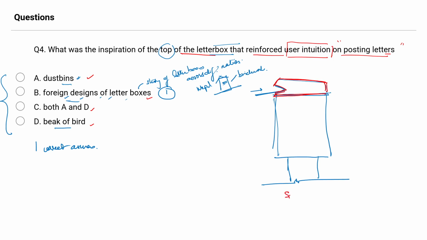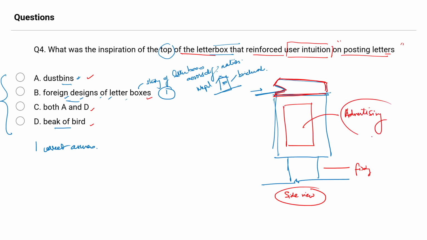This will basically be the side view. See? This was the idea for advertising. The inspiration of the top of the letterbox that reinforced user intuition on posting letters. That's been foreign design, A and D, and beak of the bird.